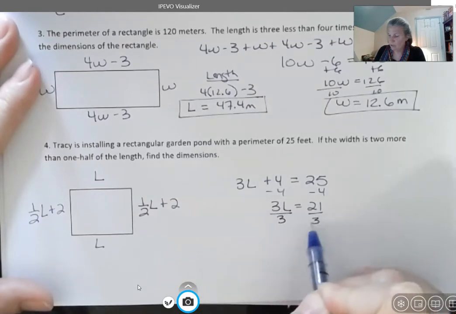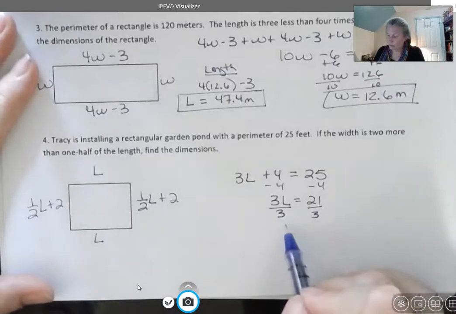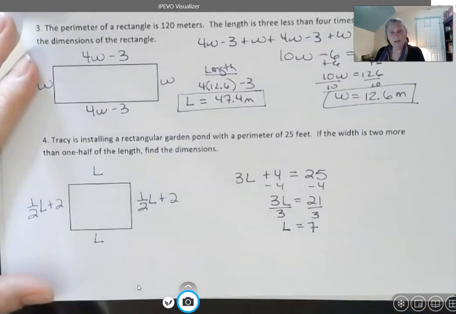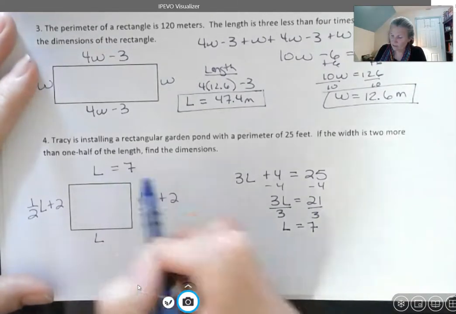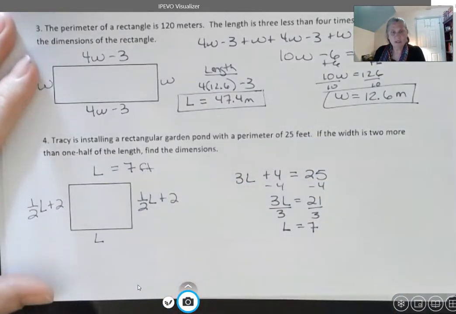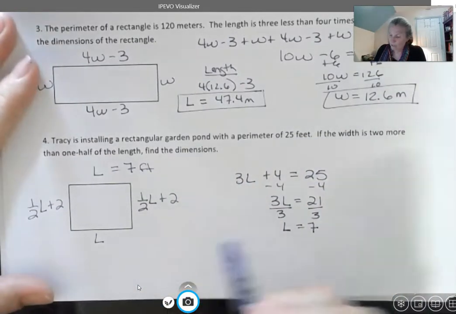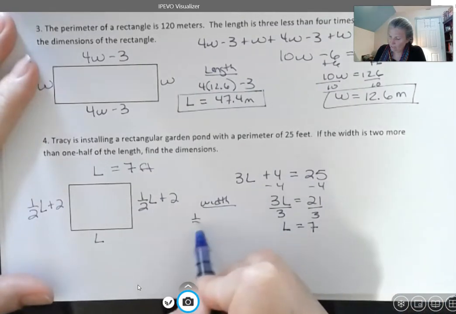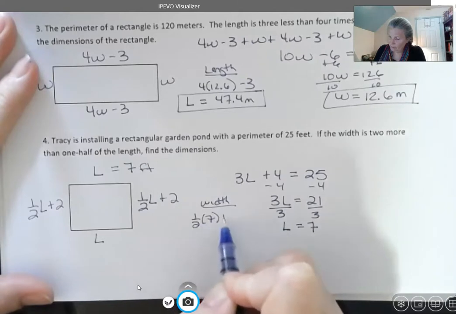Divide both sides by 3 to get rid of that coefficient of 3, and L equals 7. So L is 7. That is my length. My length is 7, but what are the dimensions? Feet. 7 feet. And then the width is half of 7 plus 2.